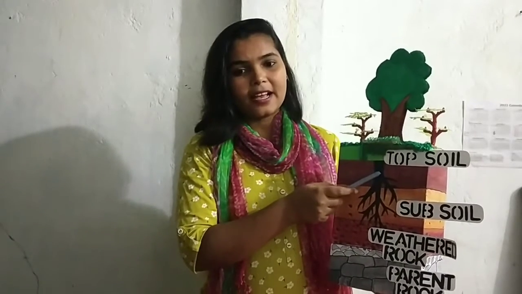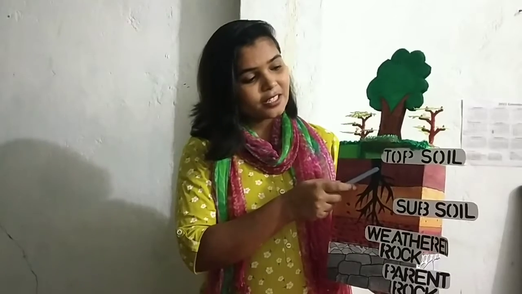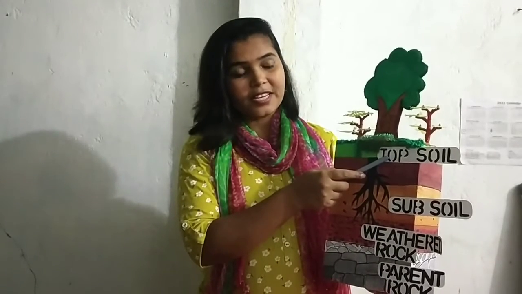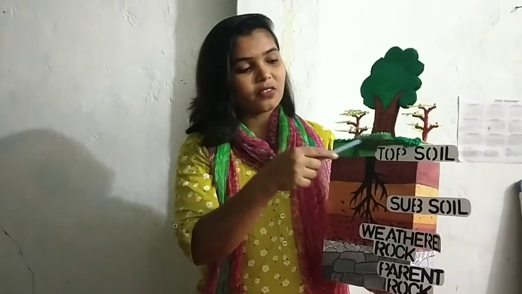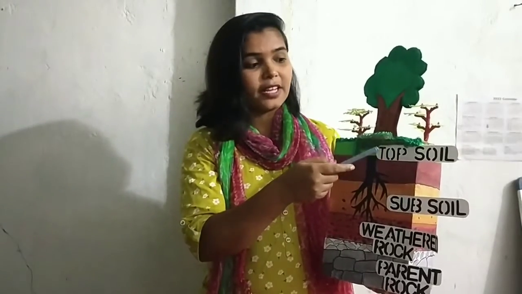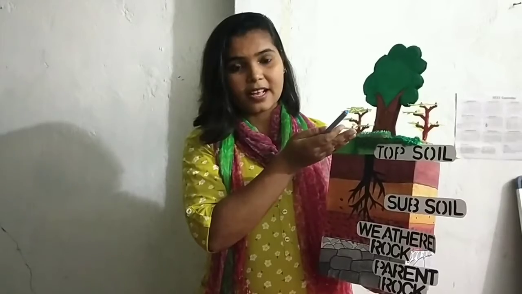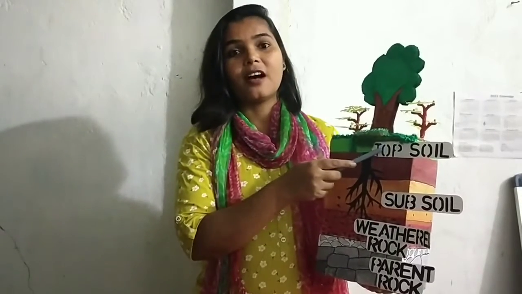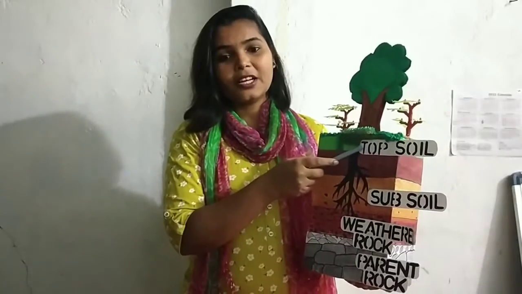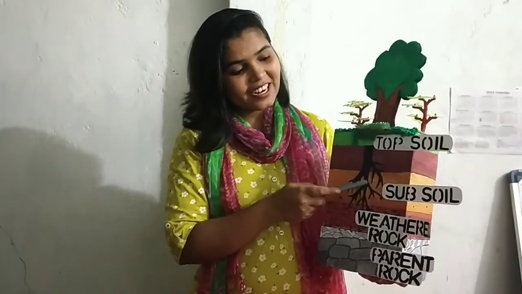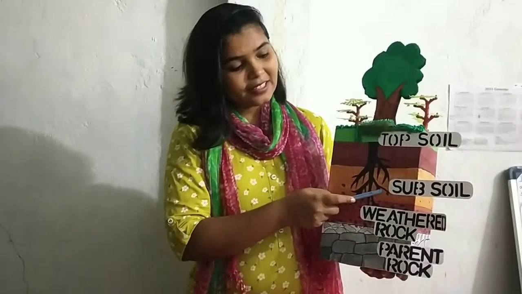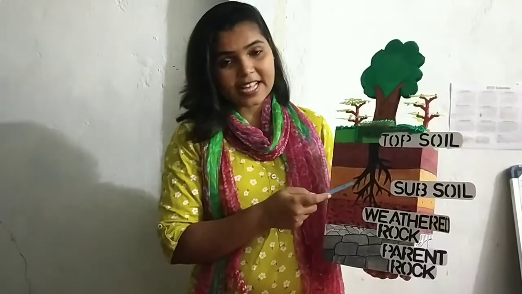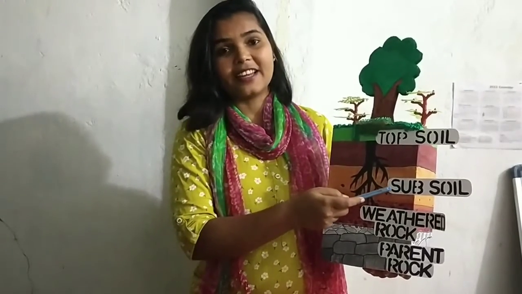It is of so much importance in terms of life because we grow crops on the top layer of the soil, and thus we have our food. Now the second layer is called the subsoil. This layer is a combination of sand, silt and clay.